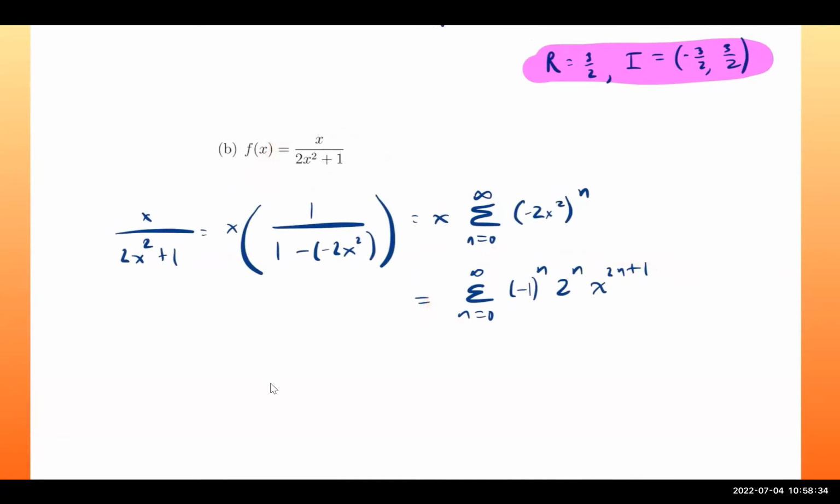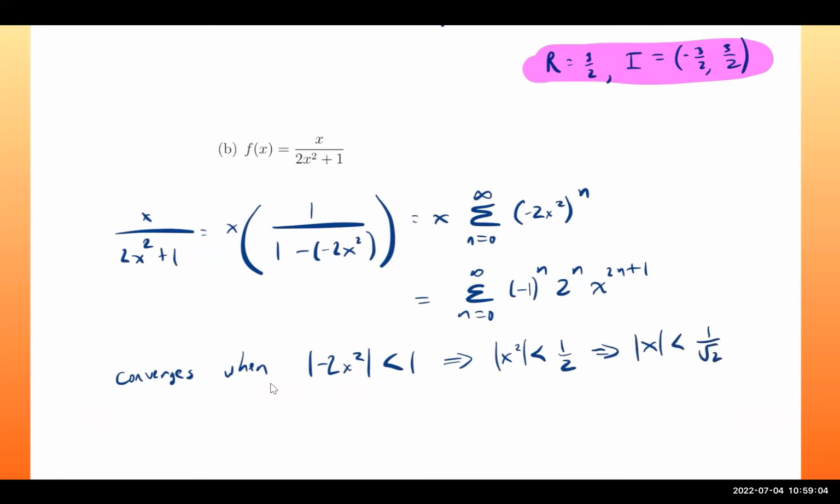This is equal to that function, and we know that it converges when this part, the absolute value of this, is less than 1. All right, the negative 1 will disappear because of the absolute value, so that just means that x squared is less than 1/2, which also means when the absolute value of x is less than 1 over radical 2.